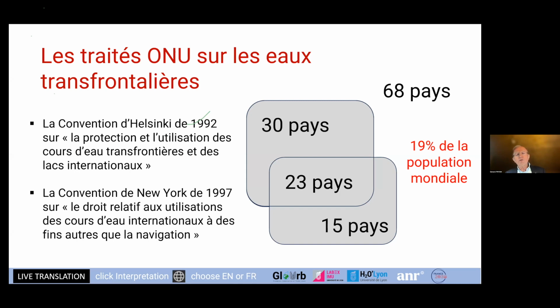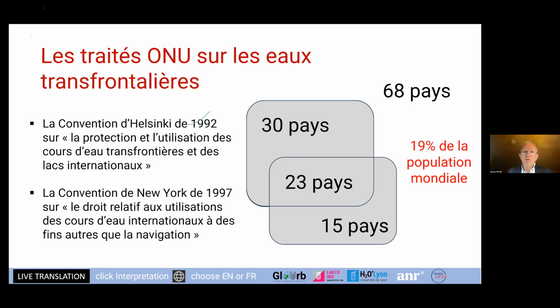So just to finish, let me come back to these two other governance aspects, global aspects. So there are UN treaties for boundary borders. The weak point is that there are very few signatories. So only 20% of the world population is covered by the signatories.